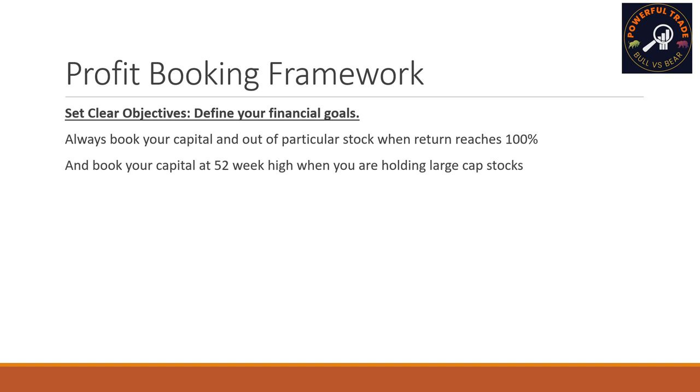Okay. So our framework is this: we first study the stock which can perform 100% from this level, because our profit booking methodology is 100%. When it comes, we book 50% of the quantity, which means we take out the capital. That is the ideology behind this.